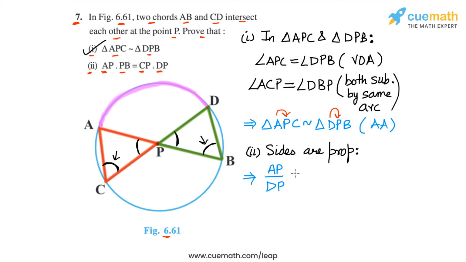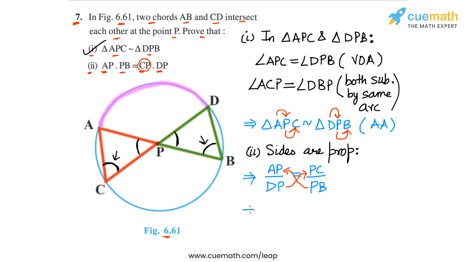This will be equal to, and let me take now PC in the first triangle because I want the term CP. So let me take PC in the first triangle, and correspondingly I will get PB in the second triangle. Okay, so PC by PB. And now what do we do? Well, we simply cross multiply. So we take PB on the left and DP on the right.